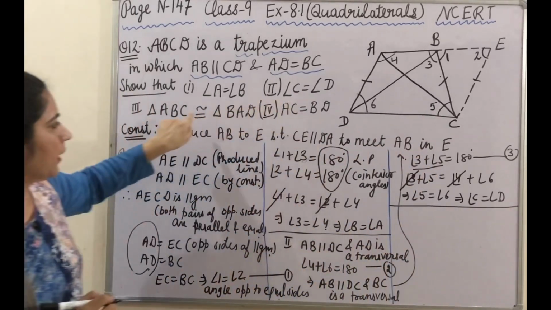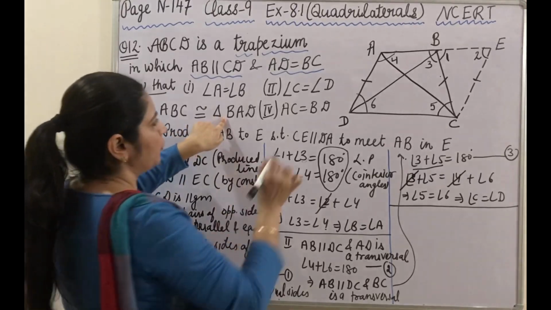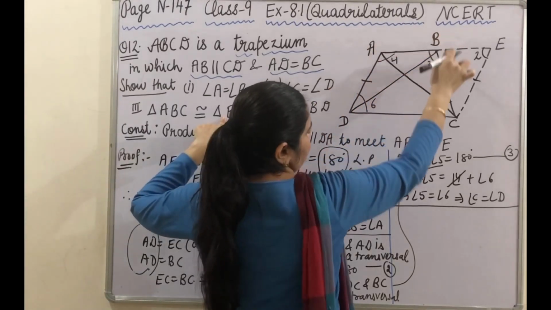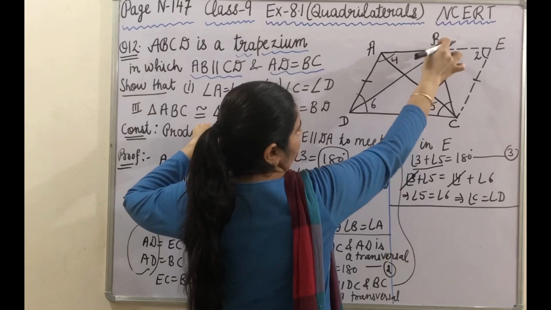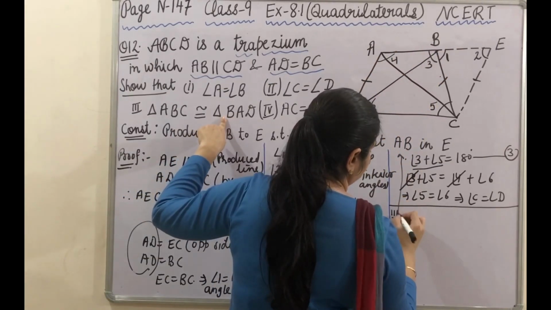Now in the third part, triangle ABC is congruent to BAD. We have to prove it. We will take this triangle ABC and triangle ABD. Here I am writing the third part.